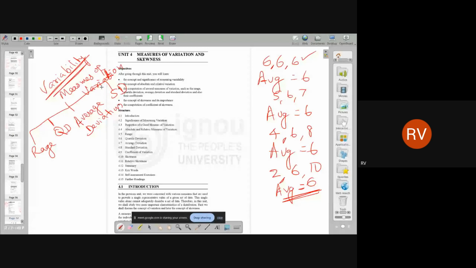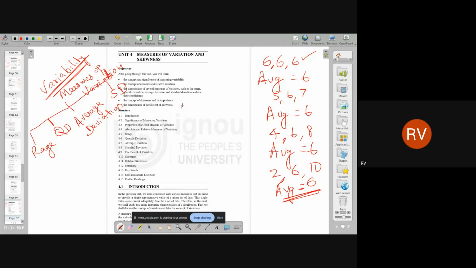Variability and average together help us interpret the data. Variability alone or average alone cannot give the properties of the actual data. The different measures of variability are range, quartile deviation, average deviation and standard deviation.